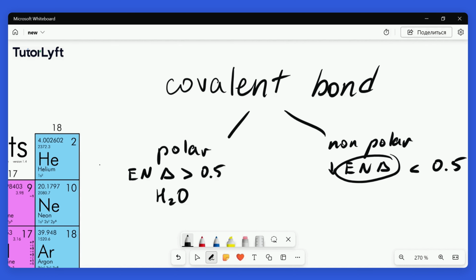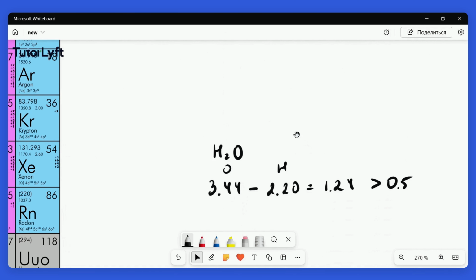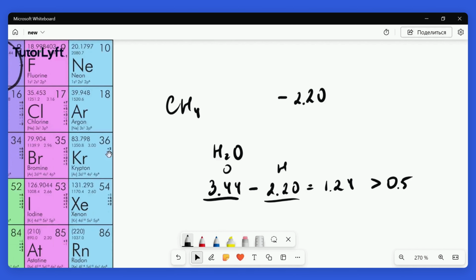Now let's see nonpolar. Let's consider the example of CH4. For hydrogen, we already know it's going to be 2.20. Usually I put the bigger number in front and the smaller number second, just because I don't want to get negative numbers. Again, it doesn't matter. So it's 2.20. And for C, we can look over here. It's 2.55.